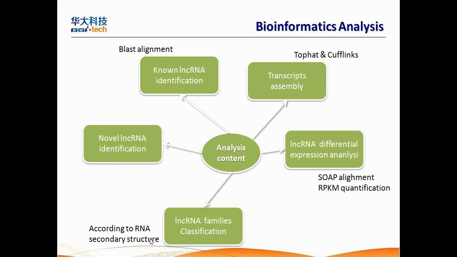And also, according to the RNA secondary structure, we can detect which family this long non-coding RNA belongs to. And after all these steps, we still have some long non-coding RNA we cannot get any information about from alignment to the known database or from the secondary structure. It's probably some novel long non-coding RNA. We can detect some novel ones.